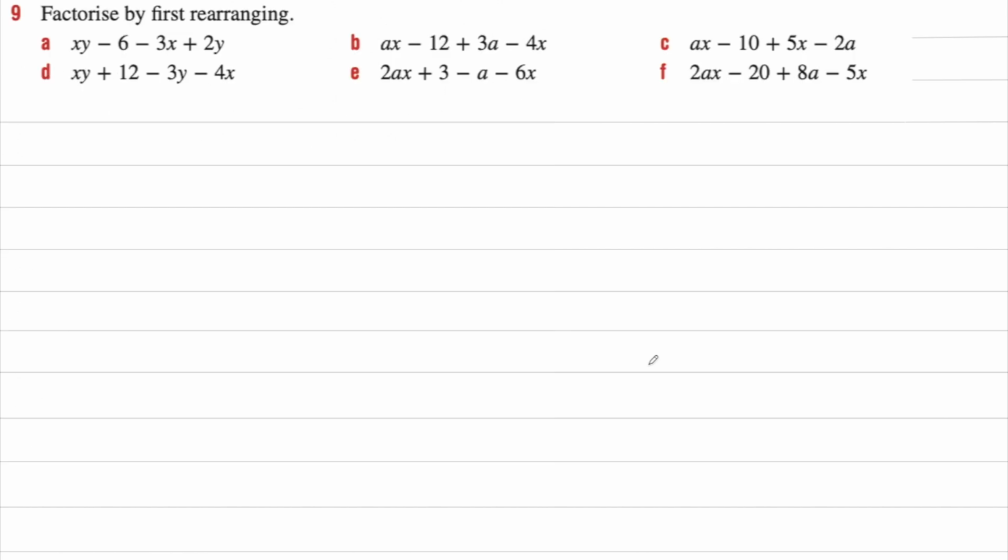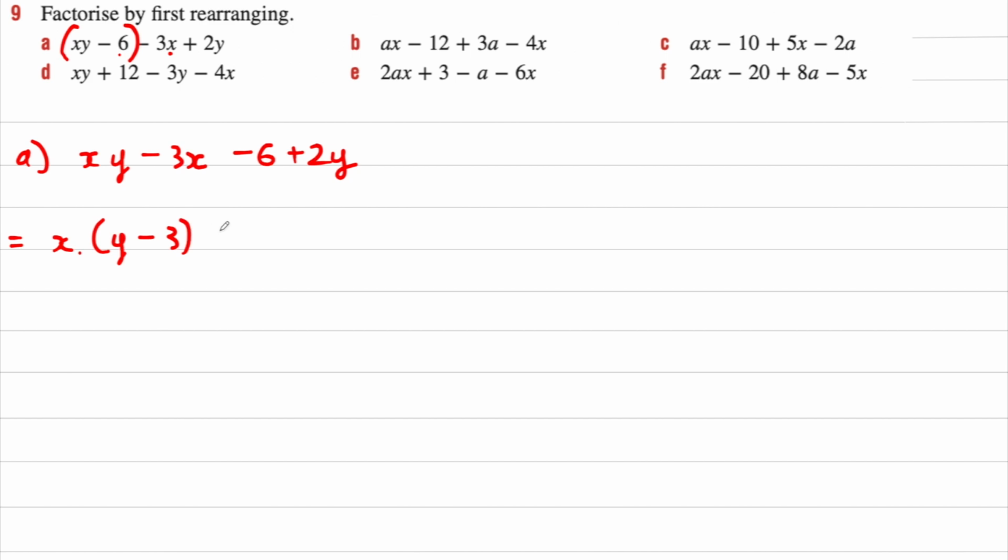Move to this one. The first step is rearranging and then factorizing. How can I work with this one? I will change the position of minus 6 and the other term, because the first two terms have no common factor. So I change this to xy minus 3x first, then minus 6 and plus 2y. The next step, x will be outside, y minus 3 here.